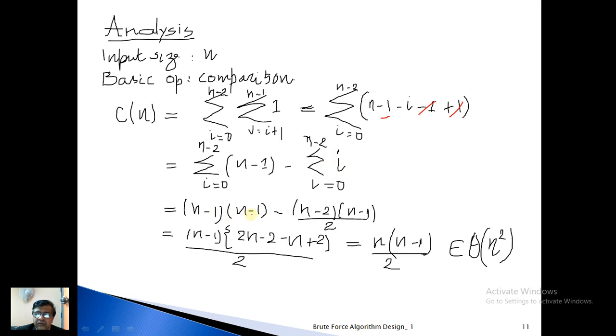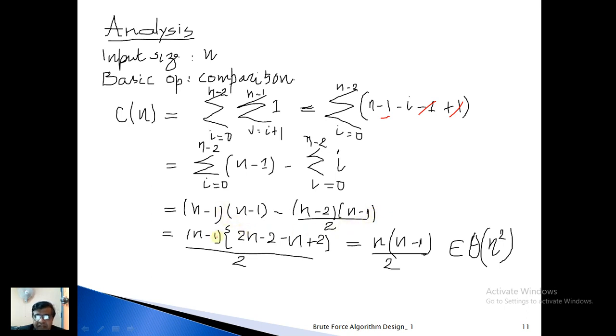This is n minus 1 into n minus 1, minus the sum of i, which generates a series: n minus 2 into n minus 1 divided by 2.